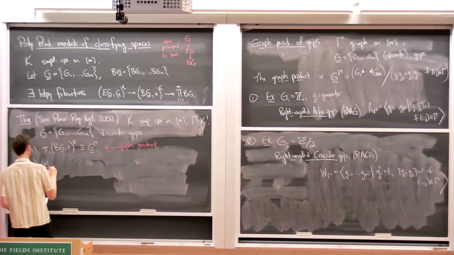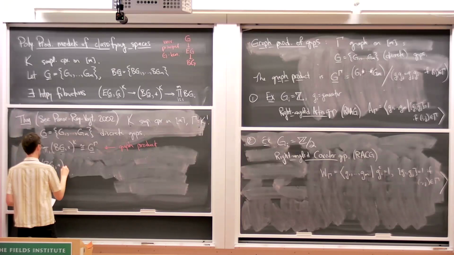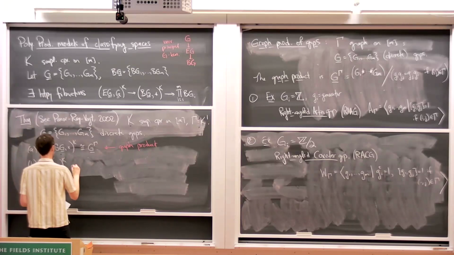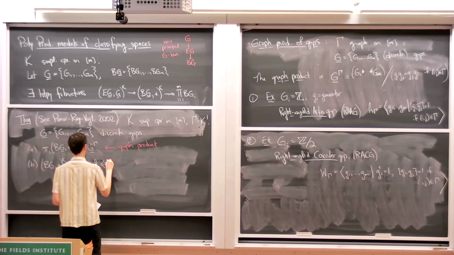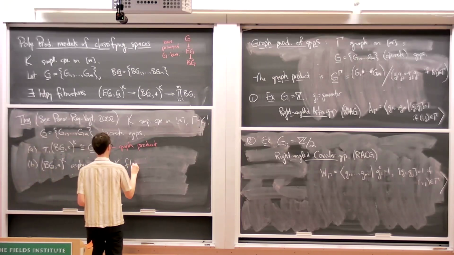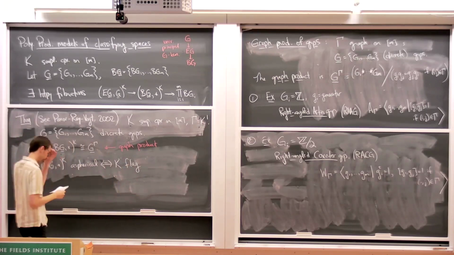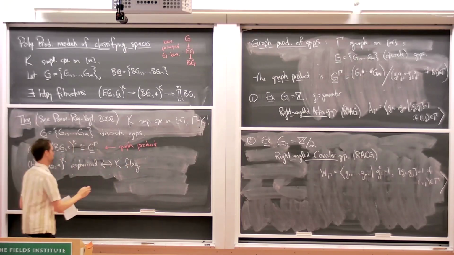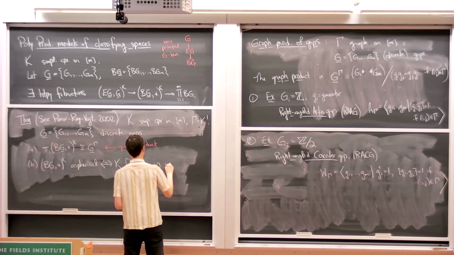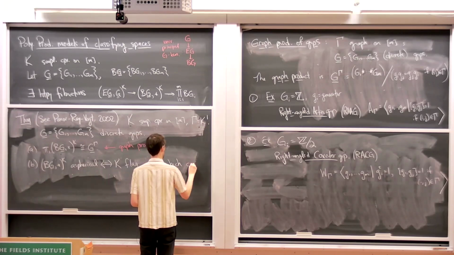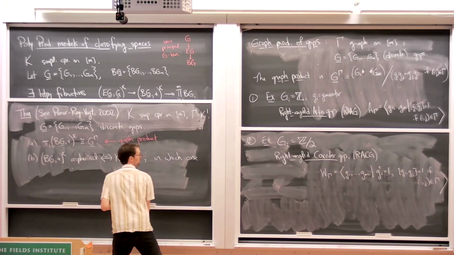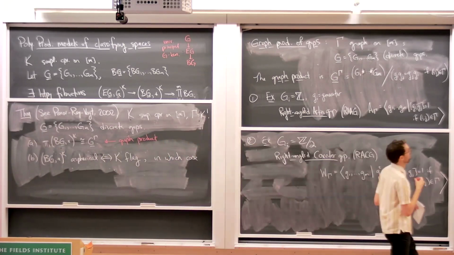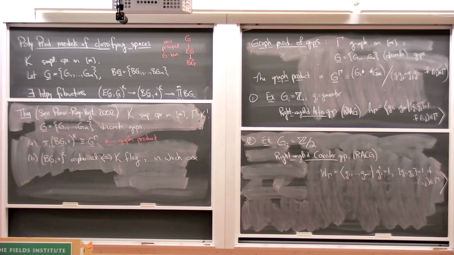B: the polyhedral product, EG to the K, is aspherical if and only if K is flag. Right, so in which case, we will also have this arrow here.